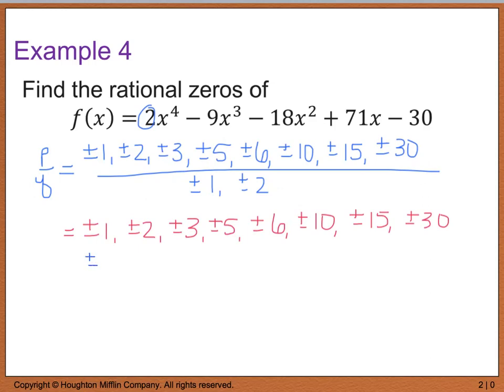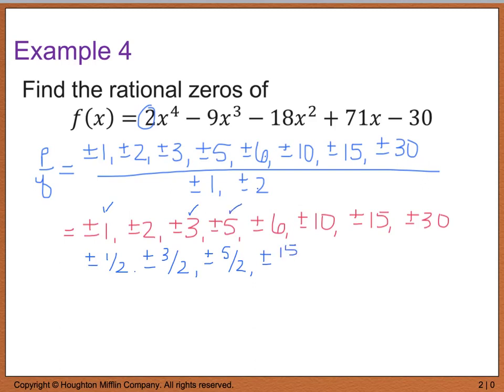So now I'm left with plus or minus 1 divided by 2, which is 1/2. Then I have plus or minus 2 divided by 2, which is 1, which I've already got that right here, so I don't have to relist it. Then I have plus or minus 3/2, plus or minus 5/2, plus or minus 6/2 is really 3, and I've got that right here. 10 divided by 2 is really 5, and I've got that right now.